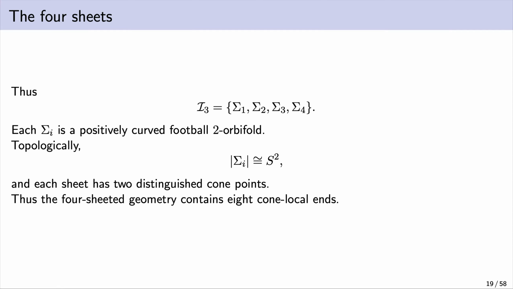We can additionally put a positive constant curvature metric on these, but topologically, it's just S2, the two sphere. Each sheet has two distinguished cone points, so the four-sheeted geometry contains exactly 8 cone local ends. And this will be our basis for exploring the local theory of these seeds, these SNs.